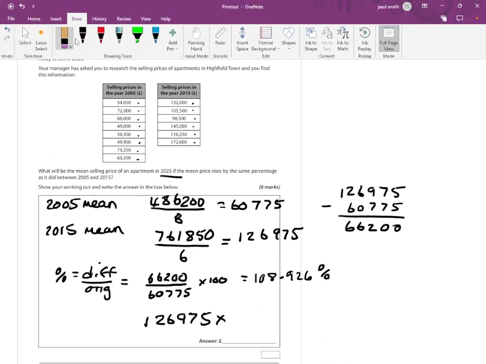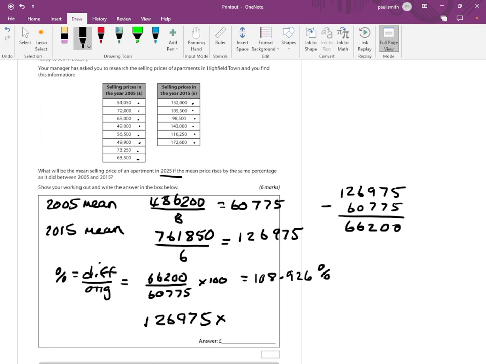Times 108%. So I need the original. Work out what 108% of that is, and I add the two together, don't I?